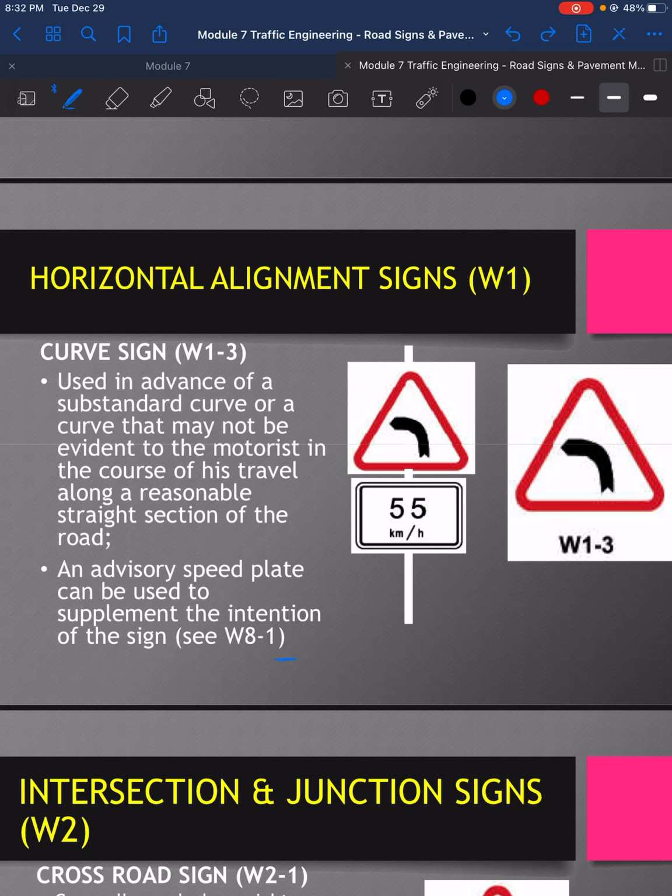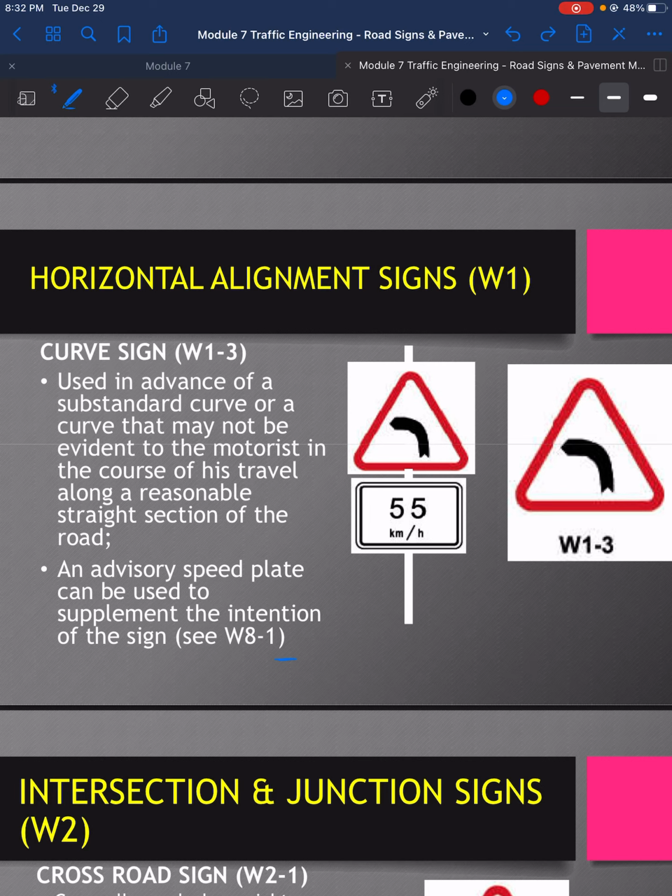So, ito yung hindi mahahalata agad na may kurba. So, kaya ito nilalagay para maging aware yung driver, para ma-warningan siya, may pakurba na doon sa pupuntahan niya. Kasi, under normal condition, hindi niya kasi makikita agad-agad na pa-curve na pala yung daanan niya.